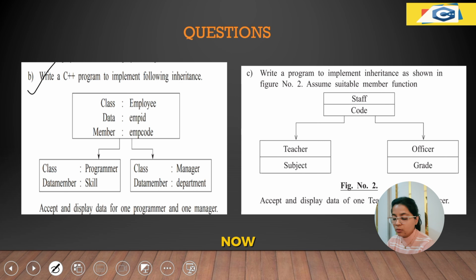All the data members are given for each class. We can assume any member functions which we want. Now we need to accept the data of these two derived classes and display it. From this image you can make out programmer and manager are of which type? They are employees, right?